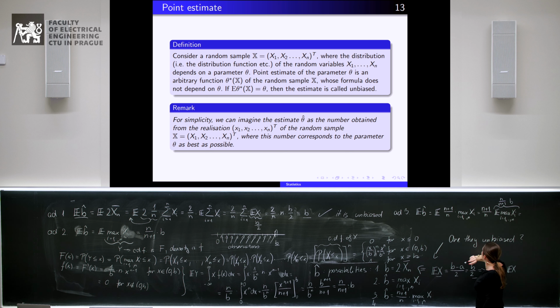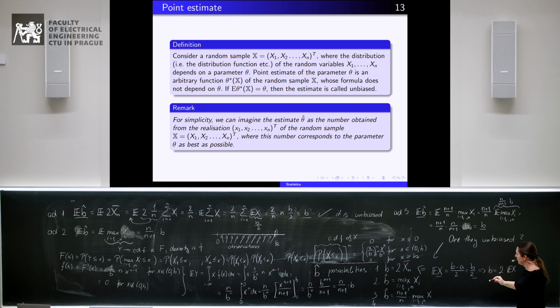So this is n plus 1 over n times n over n plus 1 times b, which is equal to b. So we can see that now the expected value is equal to b.